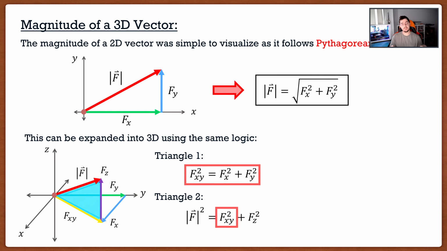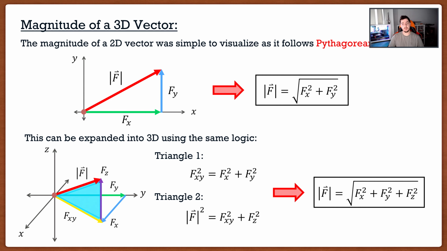So from there I can substitute what I got for triangle 1 into triangle 2, and I can conclude the following, where the magnitude of f is equal to the square root of fx squared plus fy squared plus fz squared. So if we compare this to the 2D case, all we did was add that extra component at the end, that fz squared. And this is where 3D actually isn't too bad, because all we're going to be doing for every scenario is just adding that extra component.